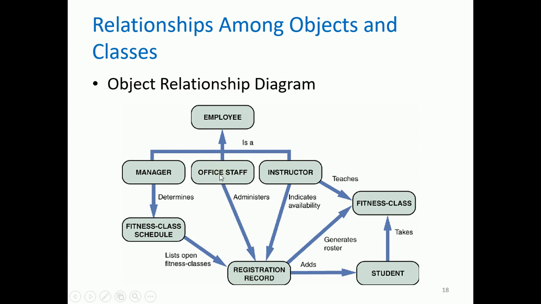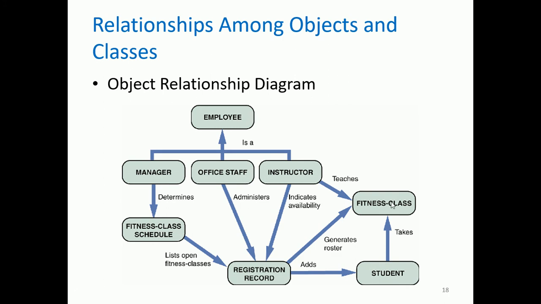The office staff administers registration record, and instructor indicates availability in the registration record. The instructor teaches the fitness class, and the registration record generates roster for the fitness class and adds student, and student takes fitness class.